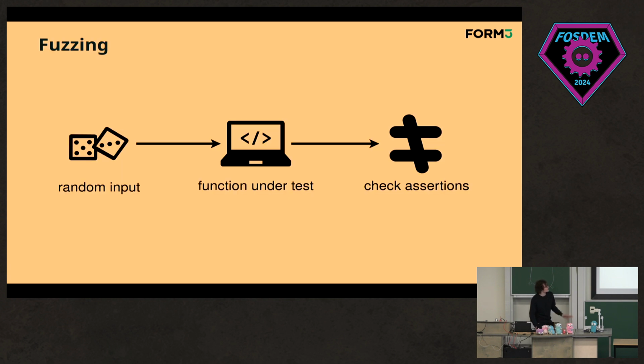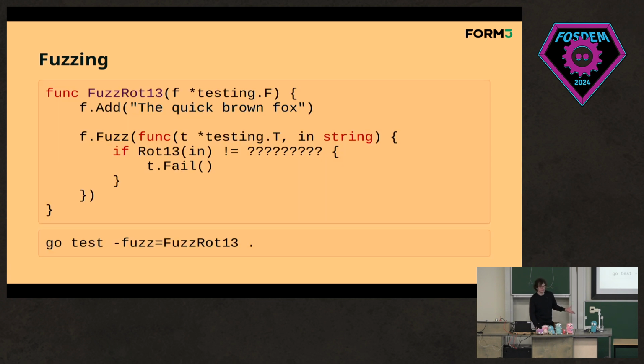With fuzzing, the situation changes a little bit. Instead of the inputs you came up with, you have a random input. You put it into the function and make some assertions. It looks very similar and is supported in Go from Go 1.18, and you can also run this using the CLI. You see some boilerplate around the test, but in the middle you basically have the unit test that you had before.